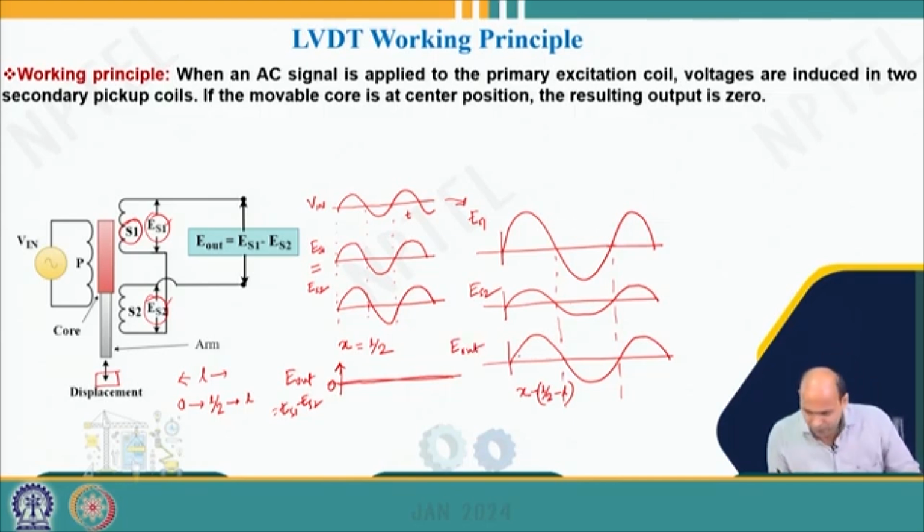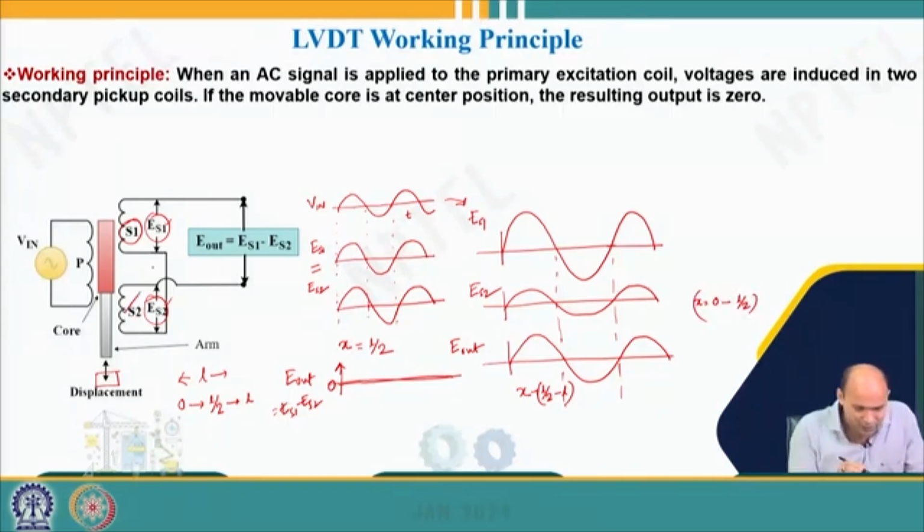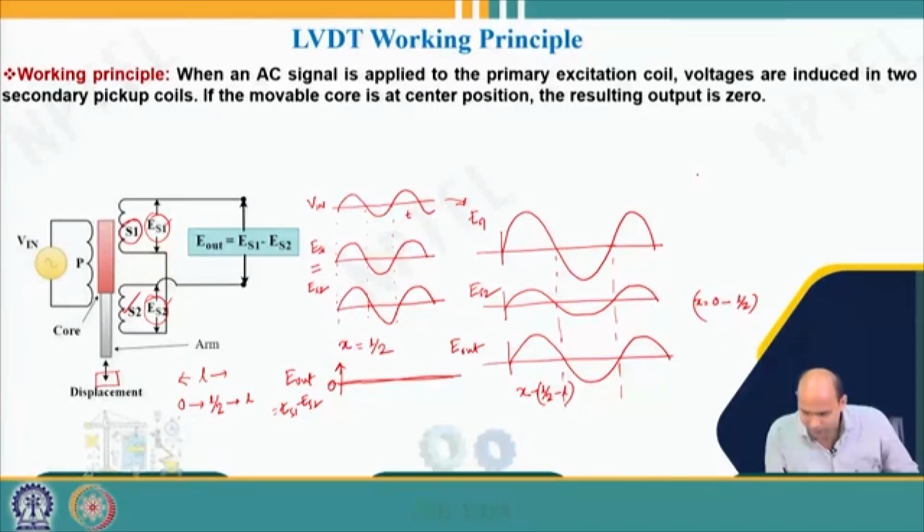Fine. Now if X is between 0 and L by 2, that means if X is towards S2, then what will happen?